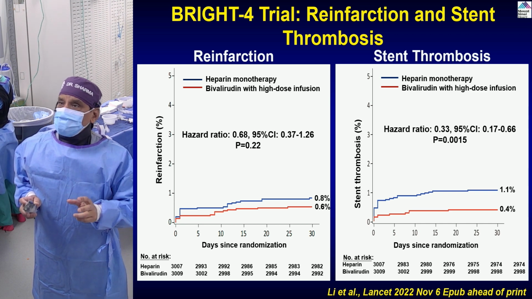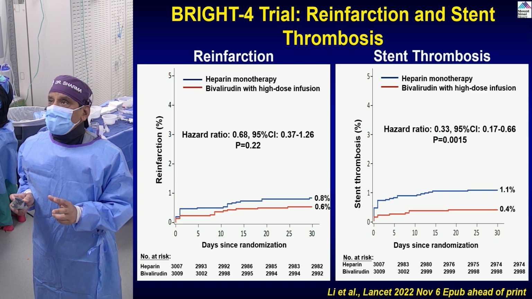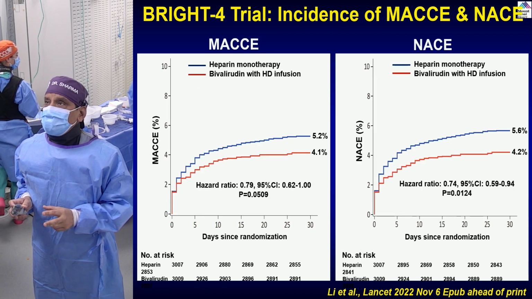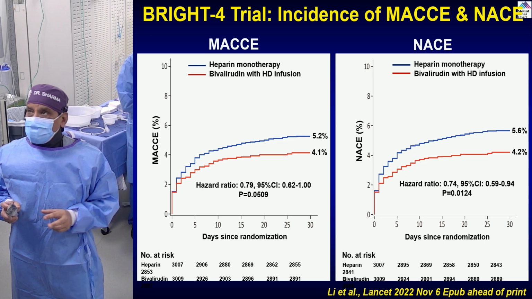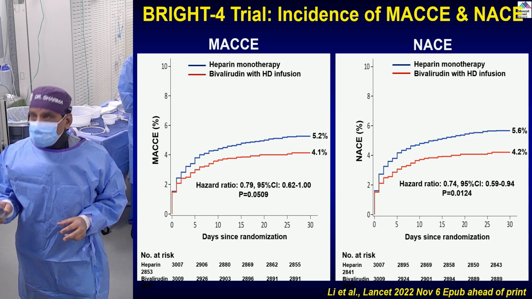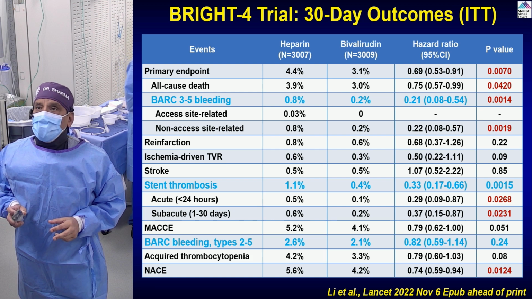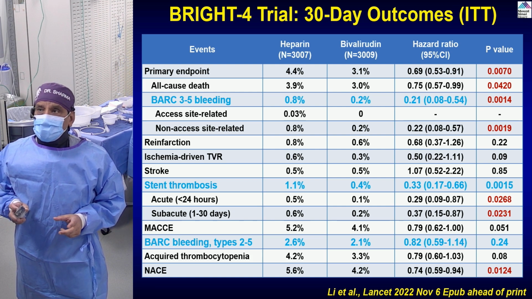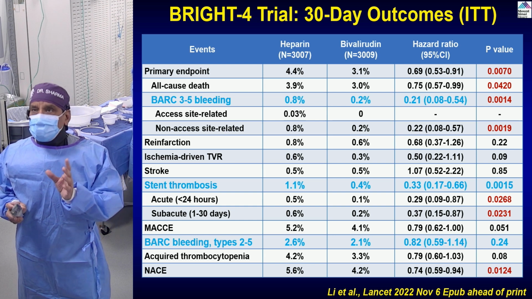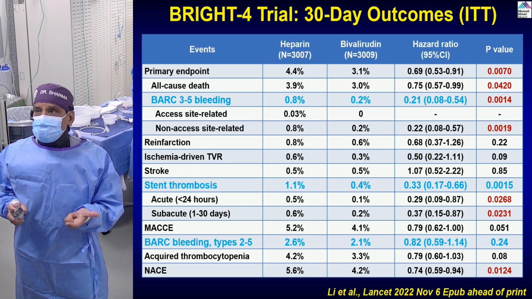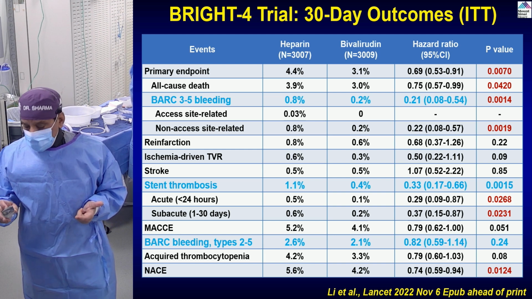Lower stent thrombosis of 0.4% in the bivalirudin group compared to 1.1 in the heparin monotherapy group. So that led to the overall MACE and NACE significantly favoring bivalirudin. And these are the individual components, as you can see: stent thrombosis, BARC, the overall bleeding was trended, but most important, significant bleeding and stent thrombosis all favored bivalirudin.